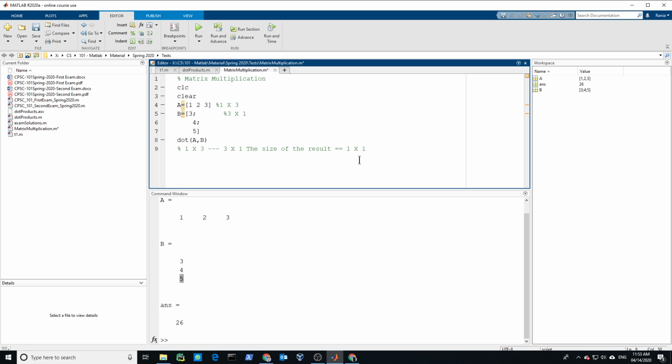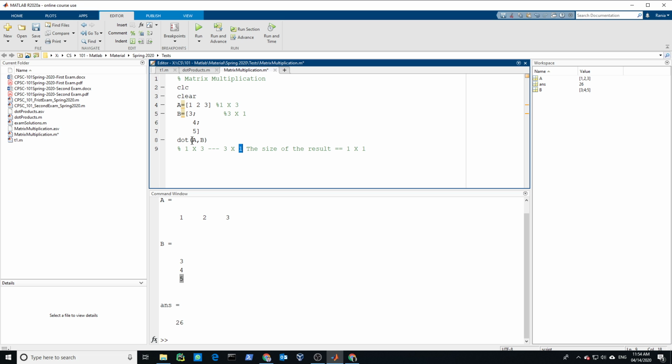All right, let me repeat. You could multiply matrices in Matlab, or in general, the general rule for matrices is that the number of columns of the first matrix equals the number of rows of the second matrix, and the result will be 1 times 1 in this case, which is the number of rows of the first one and the number of columns in the second one.